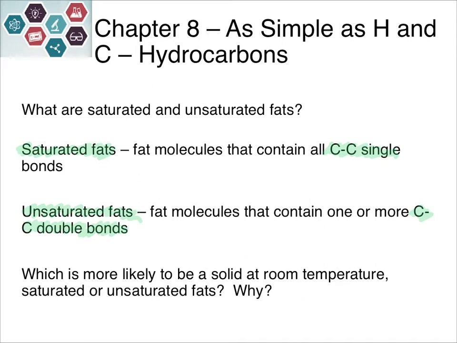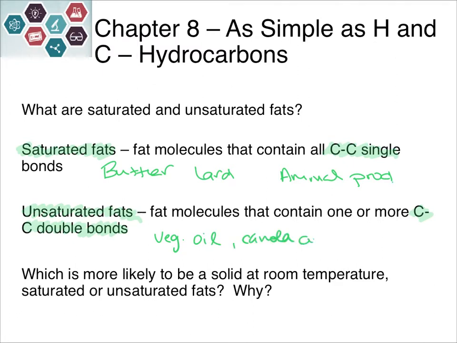If we think about what we know about saturated and unsaturated fats, saturated fats are usually things like butter and lard. They typically come from animal products. Your unsaturated fats are oils like vegetable oil, canola oil, and all the others.